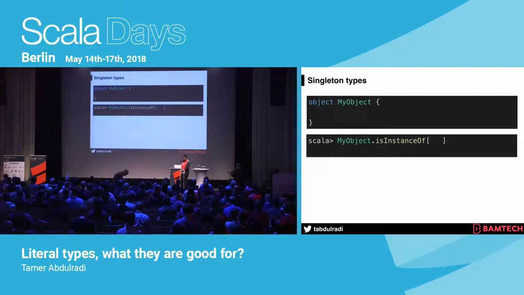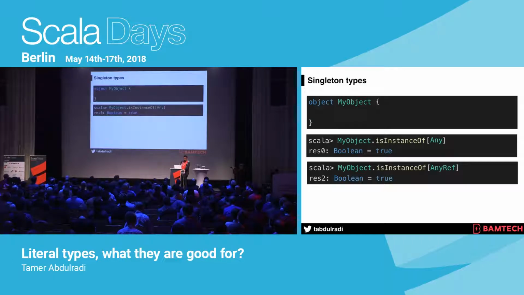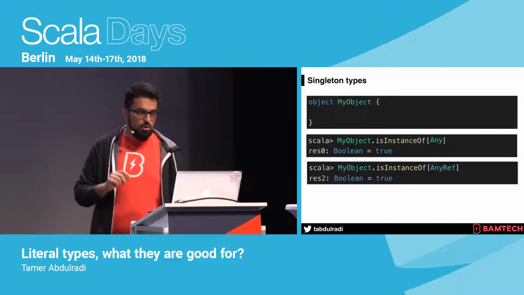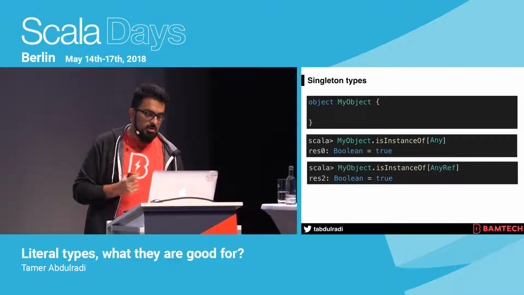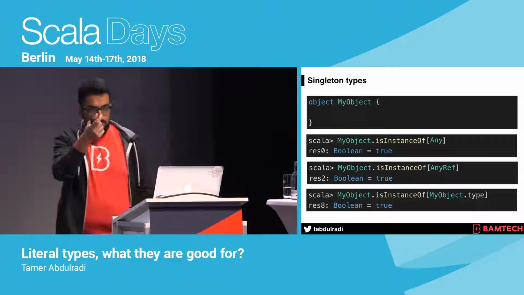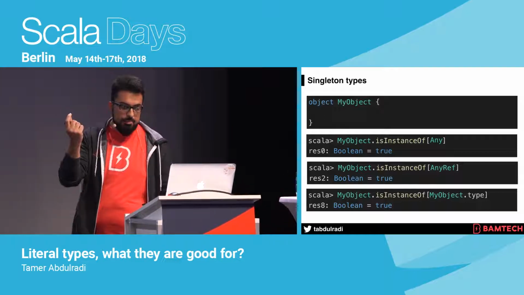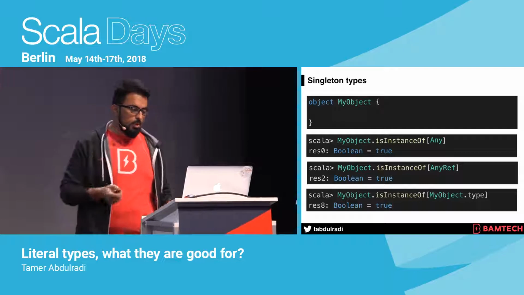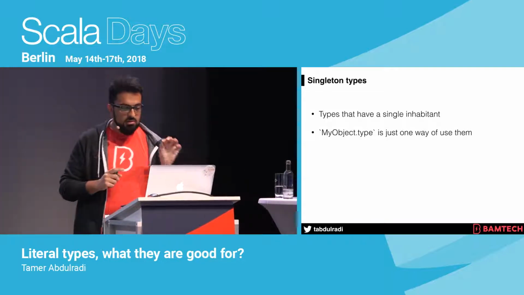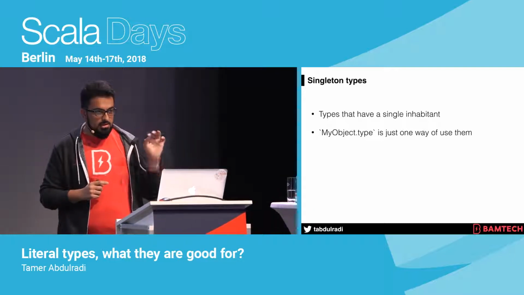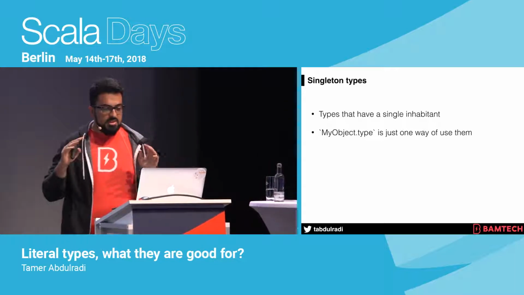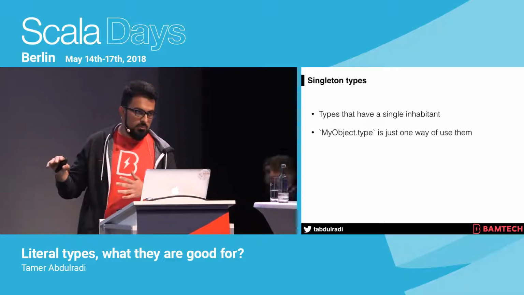So you can say it's an instance of Any or AnyRef, but there is also one more hidden type that you can access via the syntax object or path dot type. So this is basically a type that has one single instance, in this case, the object itself.